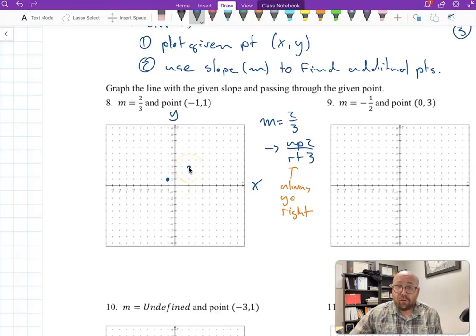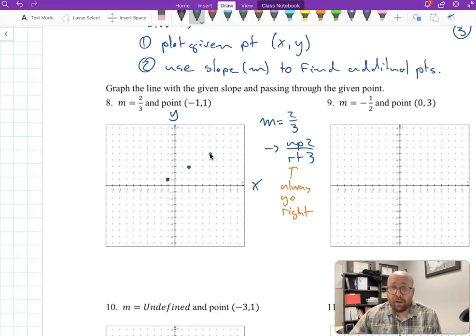Now, we can get additional points by following slope again. So if we start at this point and we go up 2 to the right 3, go up 2, 1, 2, we're now at y equal to 5. We're going to go to the right 3, 1, 2, 3, we're now at x equal to 5. There's our next point.